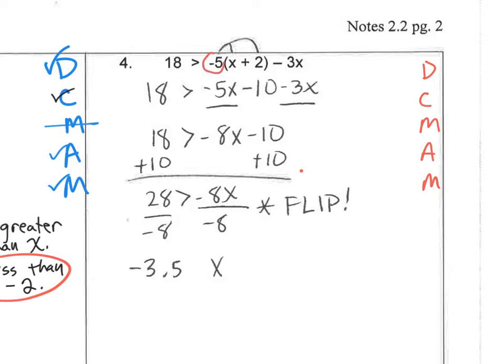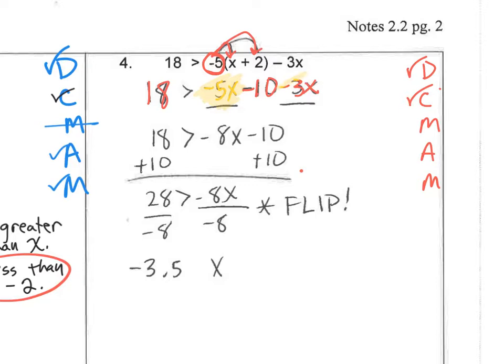For the distribute, I would say negative 5 times x, which would give me negative 5x. Negative 5 times 2 would be negative 10. And then I write down everything else that's left. So I do have a distribute. I can combine like terms.